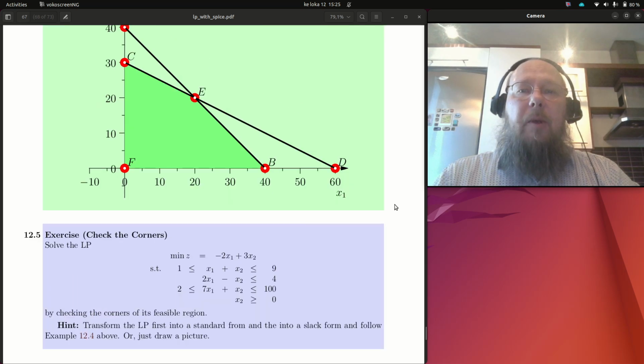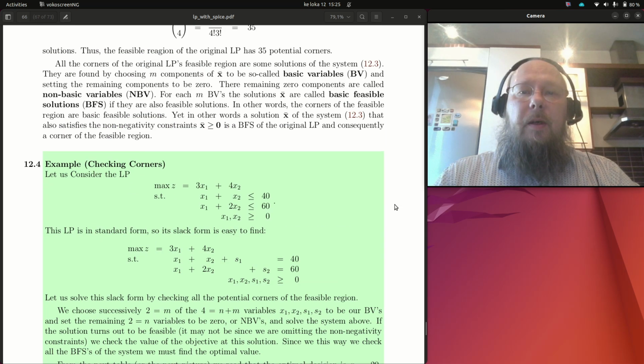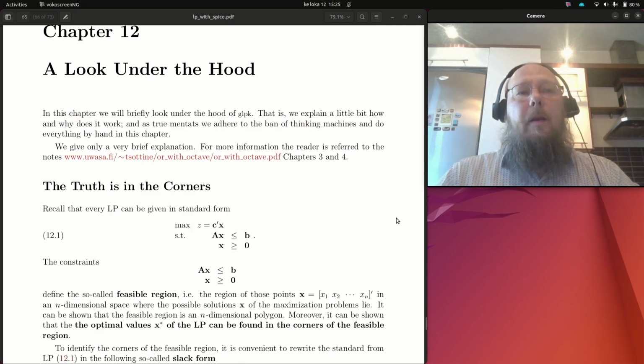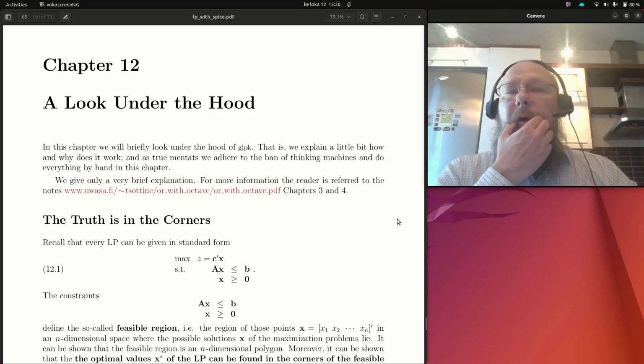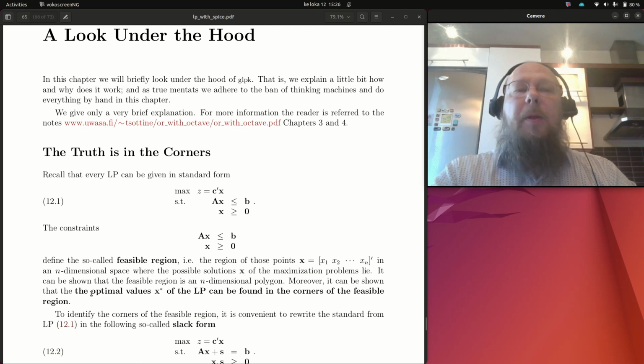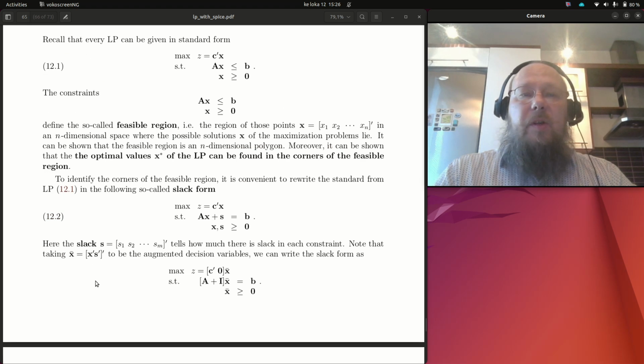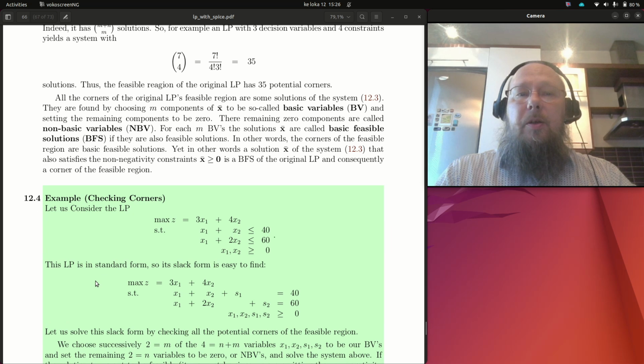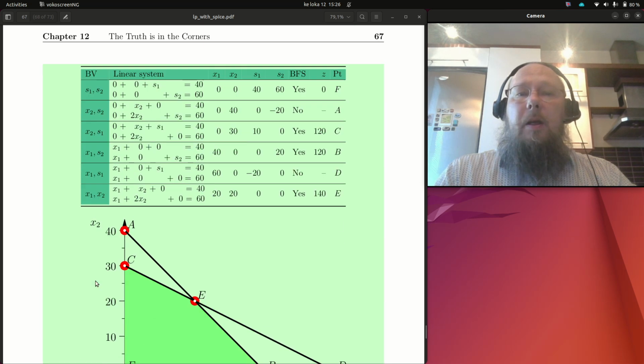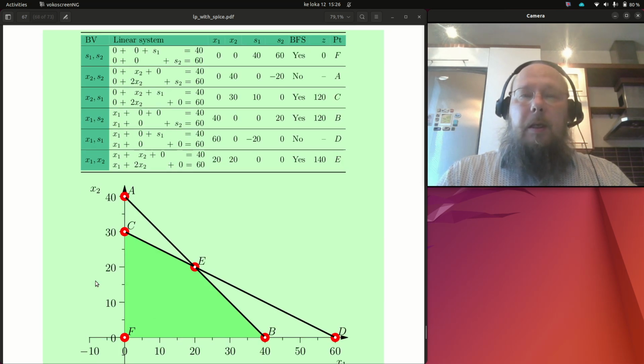So what have we learned so far in chapter 12, a look under the hood? We have learned that the optimal value of an LP is in the corner of the feasible region. So one way of finding the solution would be to check all the corners. And how to do this?